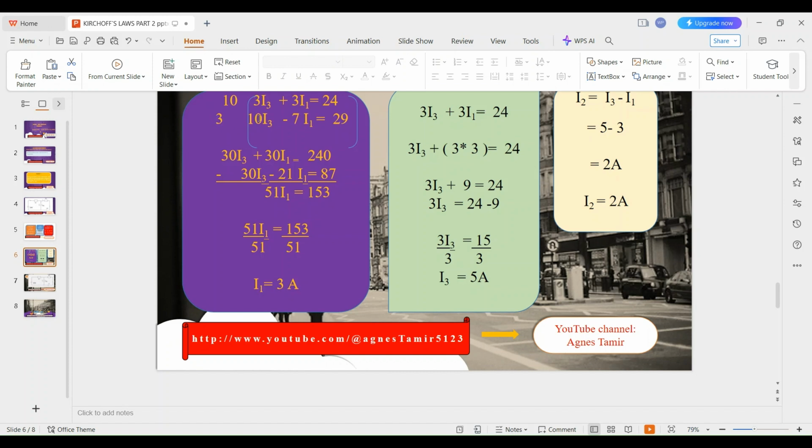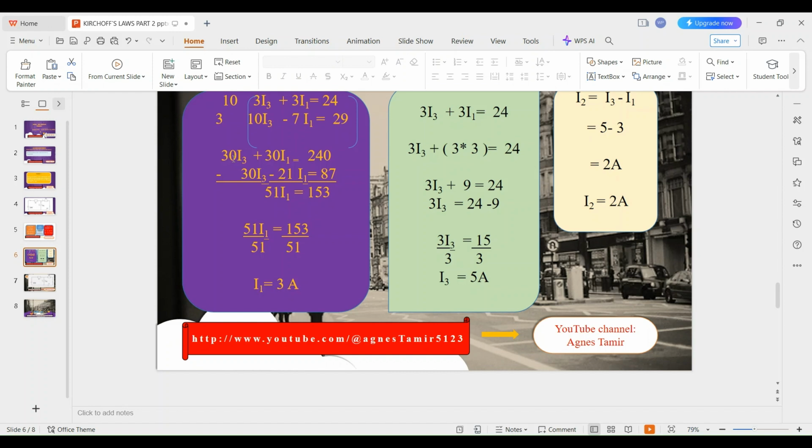Then we have 3 multiplied by 10 I3, we shall have 30 I3. 3 multiplied by negative 7 I1, we shall have negative 21 I1, is equal to 3 multiplied by 29, we shall have 87. Let's confirm. Remember, you can pause the video and try to work on your own and see whether we shall have the same answer at the end of the video.